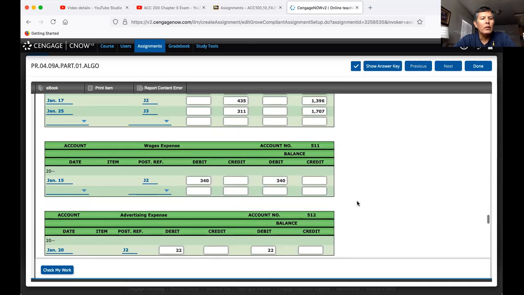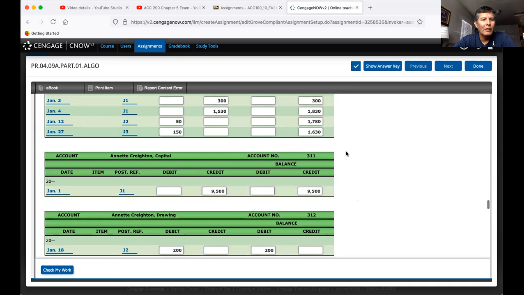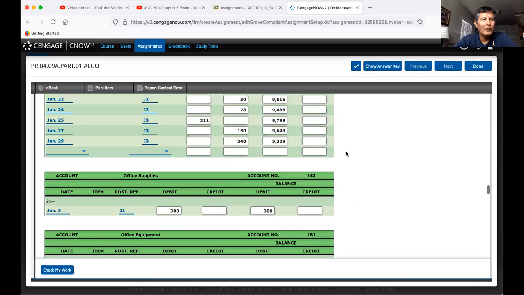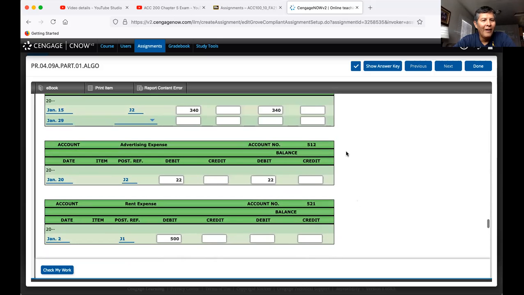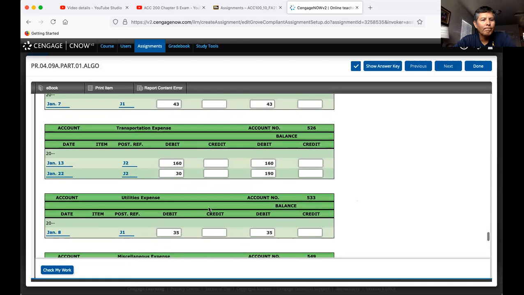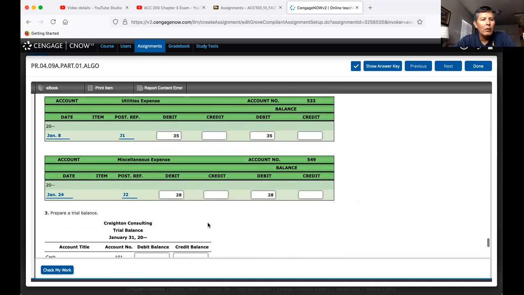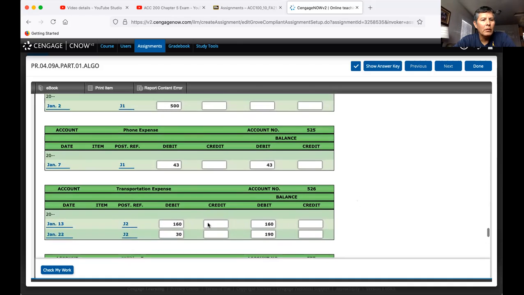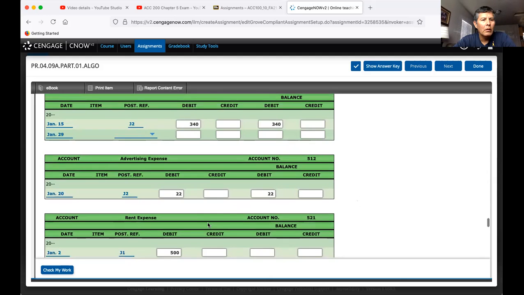That's wages expense. I forgot the date already. I think it was the 29th. Let me double check. Yeah, the 29th. Okay. Come on, let's go. Wages expense. Okay, here it is.